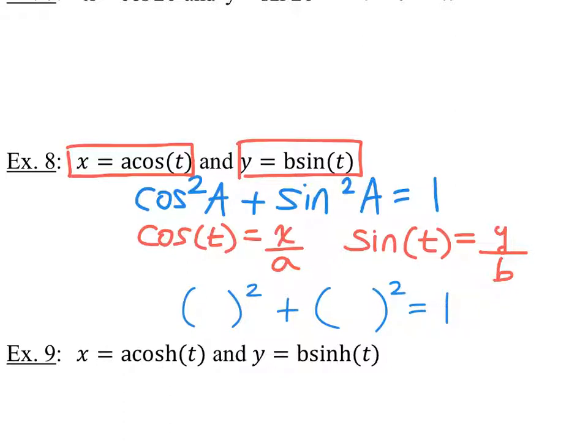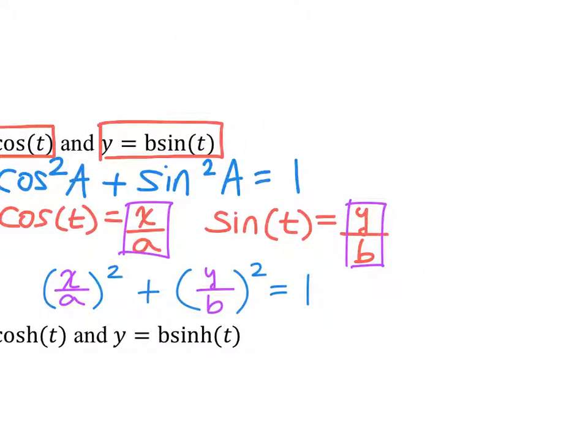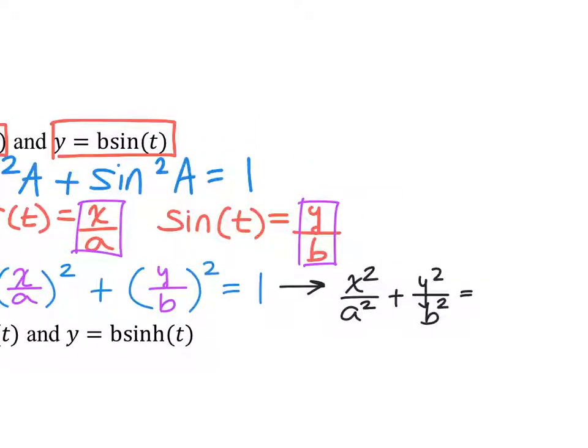I'm replacing the cosine, I'll go purple, with an x over a, and the sine is going to get replaced with a y over b. Now, I know I said before that you don't simplify unless you're told to, but this is one of those cases where I can't resist. So x squared over a squared plus y squared over b squared is equal to 1.